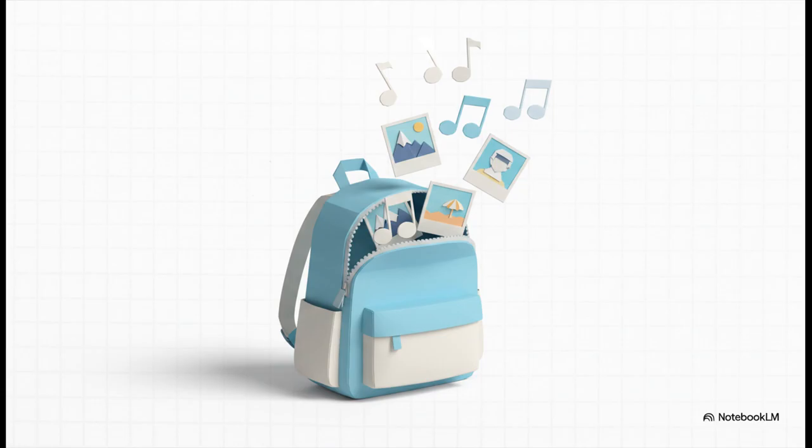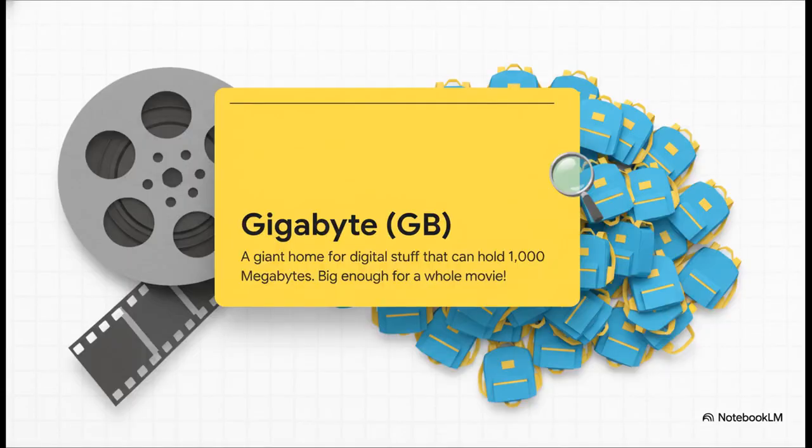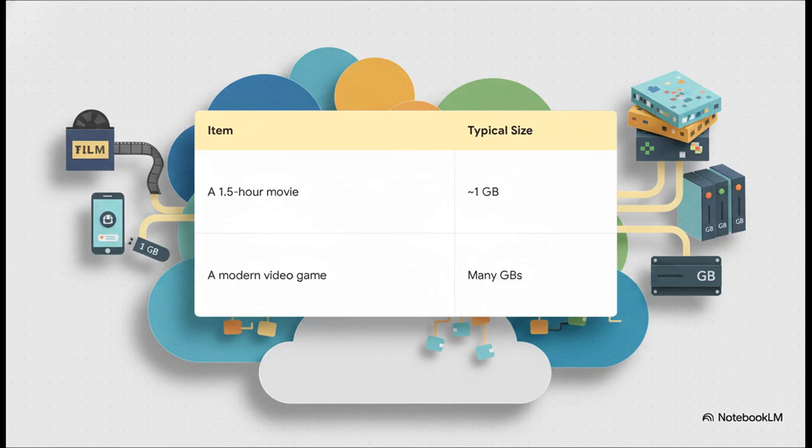Pretty useful, right? All right, hold on, because things are about to get a lot bigger. What if you want to save something huge, like an entire movie? You'll need something way, way bigger than a backpack. You'll need a gigabyte or GB, and a gigabyte is as big as 1,000 of those megabyte backpacks. Whoa. A whole feature-length movie can usually fit inside just one single gigabyte.